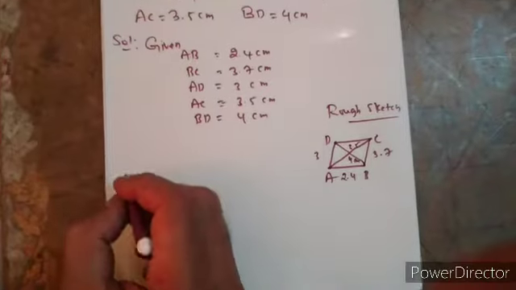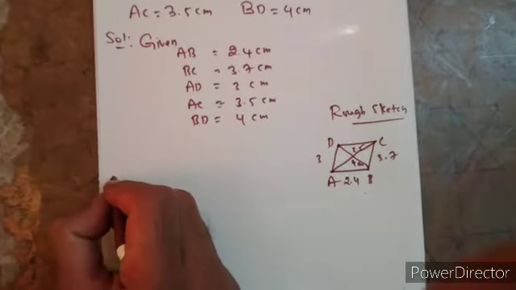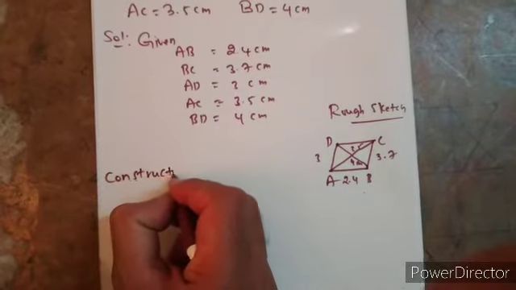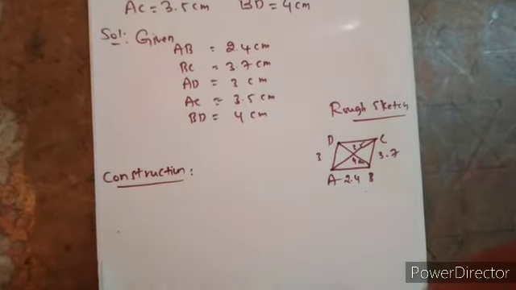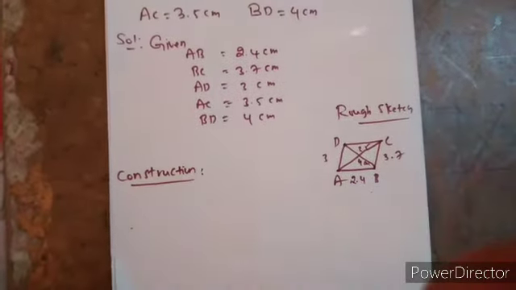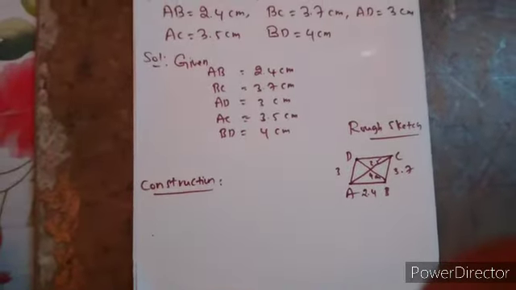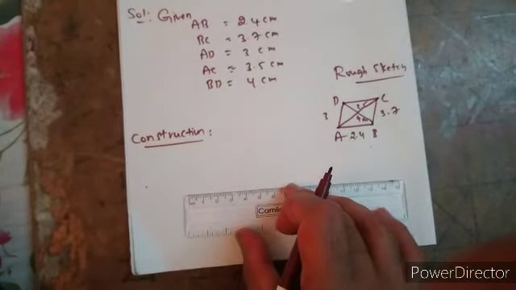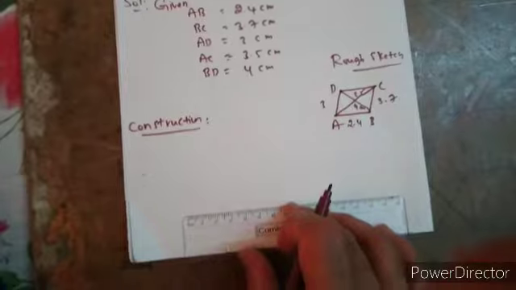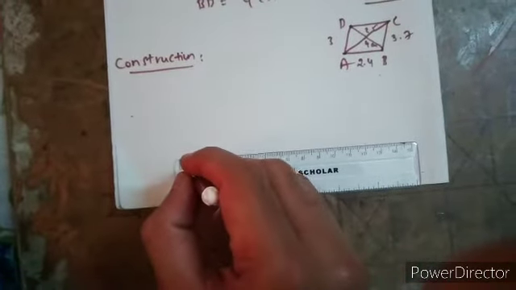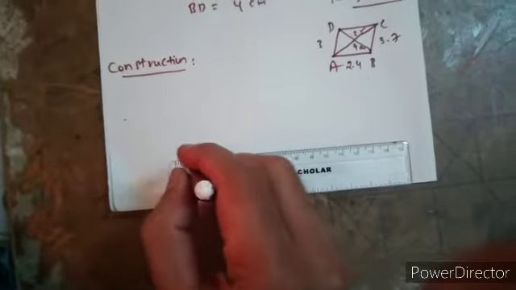When you come to the actual construction, what do we have to do? First we have to draw the AB line segment. How much? 2.4.